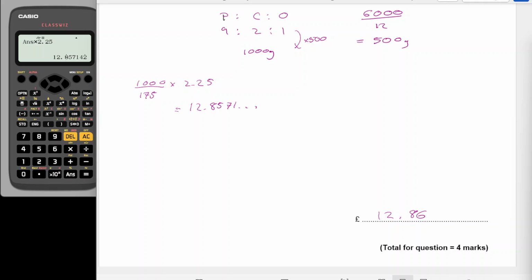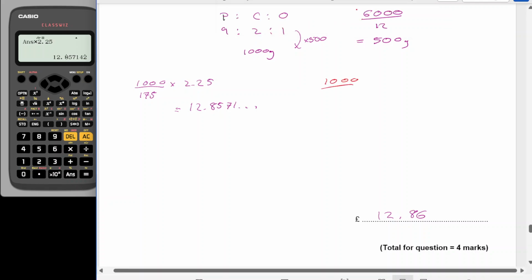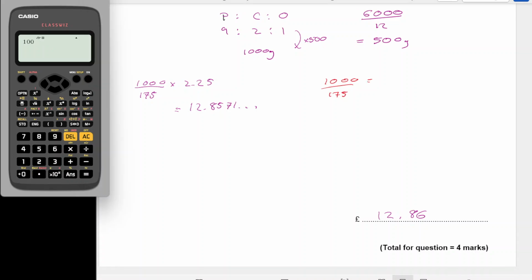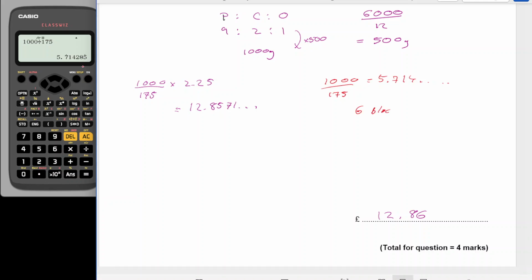I've just read through the mark scheme because I said there was a slight dilemma here, and the mark scheme actually covered it, which I wasn't aware of. So the answer that I've given there is absolutely fine. It's just if you do it a slightly different way. 1000 divided by 175 is 5.71, so she would need 6 blocks, which was what I was discussing as a slight issue with the question, but the mark scheme has covered it.